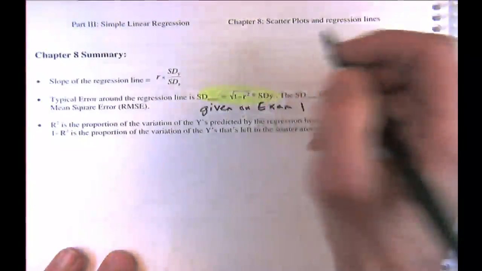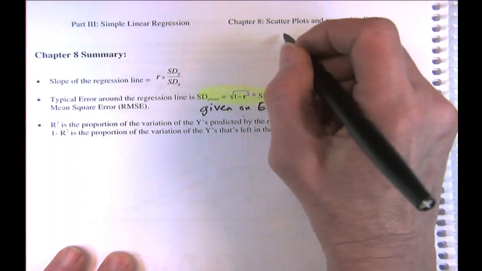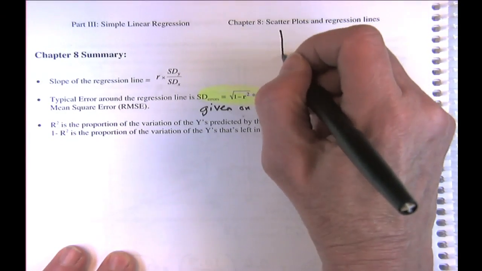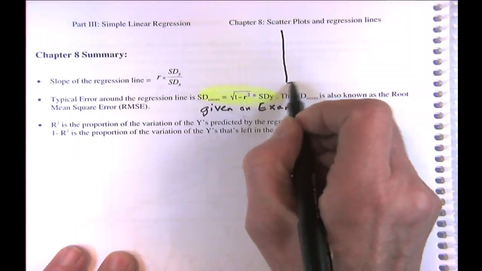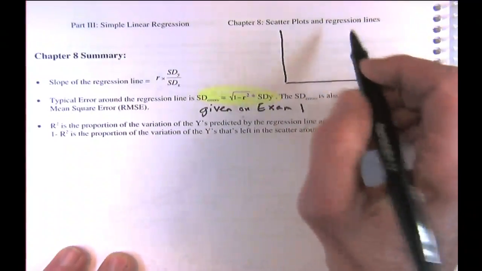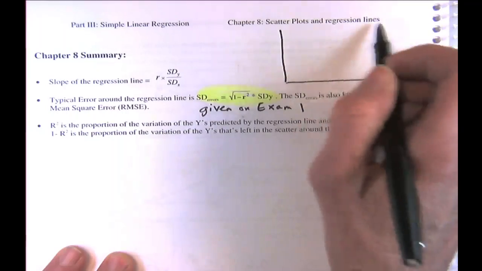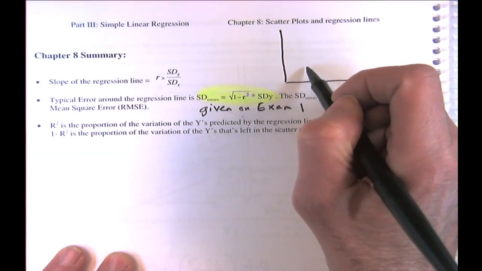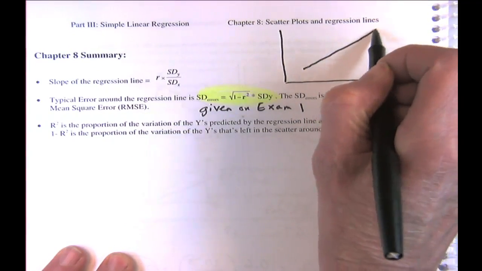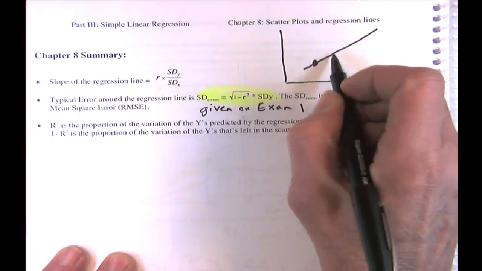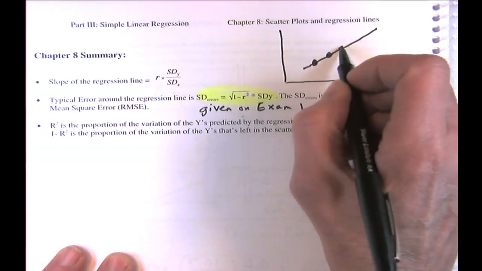So what do I even mean? So we had an example, I think it was exams versus finals, but we had some kind of scatter plot, okay? And then you get this regression line. Now let's imagine that there was a perfect correlation between the exams and the final.